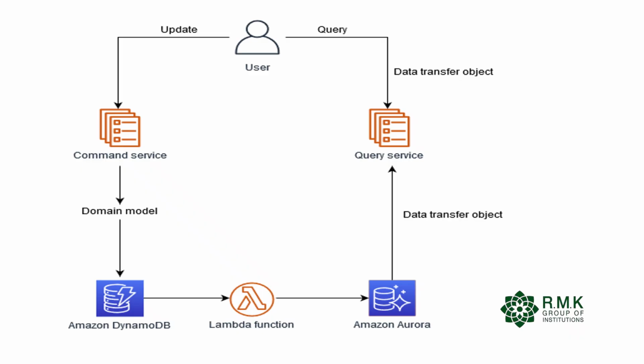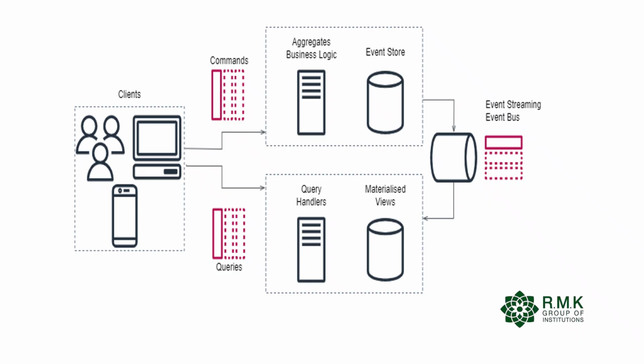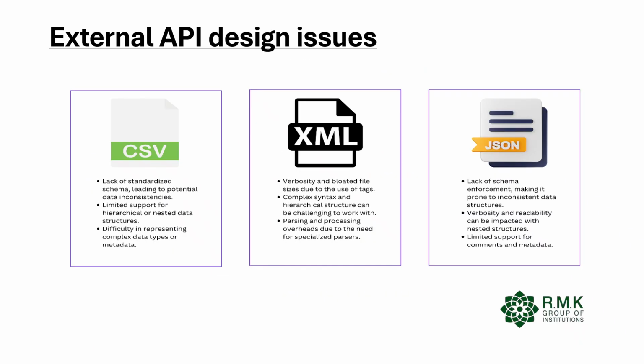By using a Lambda function, the output will be generated. Several clients try to connect with the server by using commands and queries. Whenever a command is generated, it goes through the business logic, then the event store, then the query handlers, and then the materialized views. Event streaming goes into the event bus.